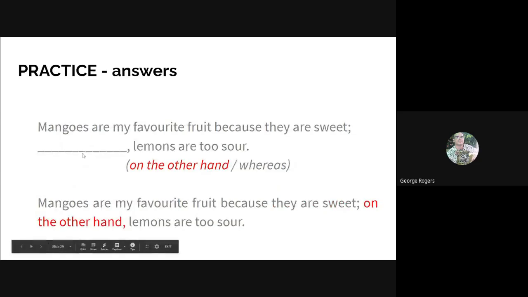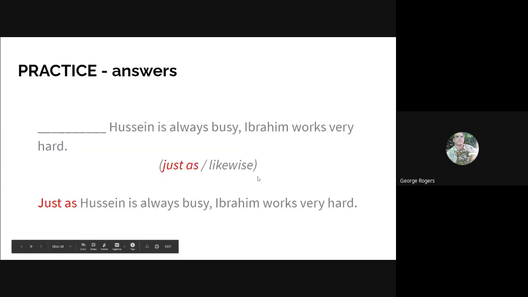Next one, number 7, I believe. Mangoes are my favorite fruit because they are sweet. Again, semicolon. So we got one sentence here. It's a transition. So this is the only one transition. Mangoes are my favorite fruit because they're sweet, semicolon. On the other hand, comma, lemons are too sour. Let's look at number 8, the last one for our practice. Hussein is always busy. Ibrahim works very hard. So this is one sentence.